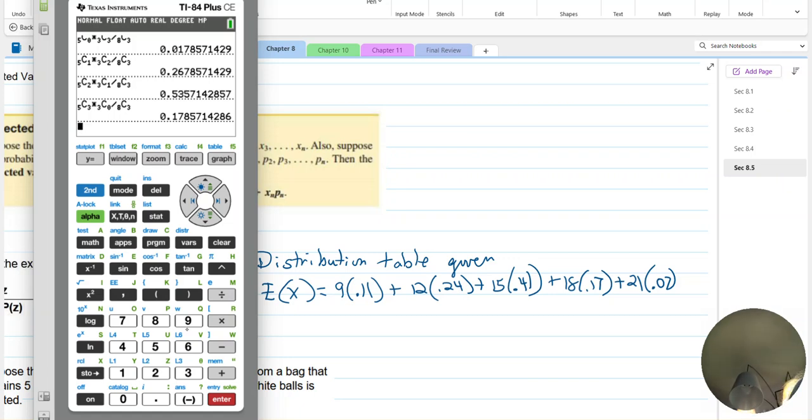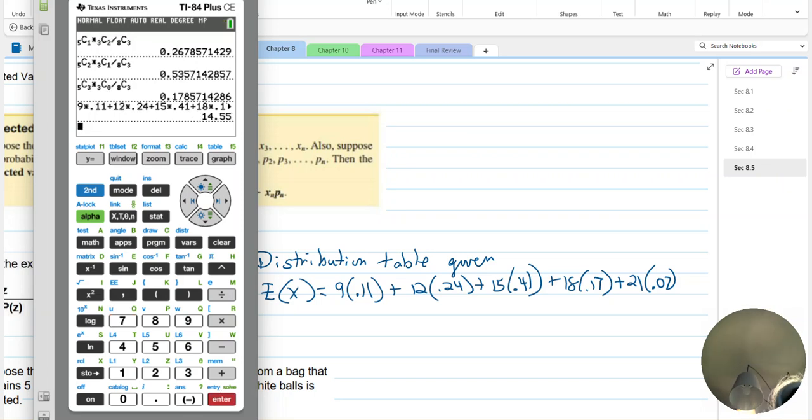Here we go. 9 times the decimal 0.1 plus 12 times the decimal 0.2 plus 15 times the decimal 0.4 plus 18 times the decimal 0.17 plus 21 times the decimal 0.07.